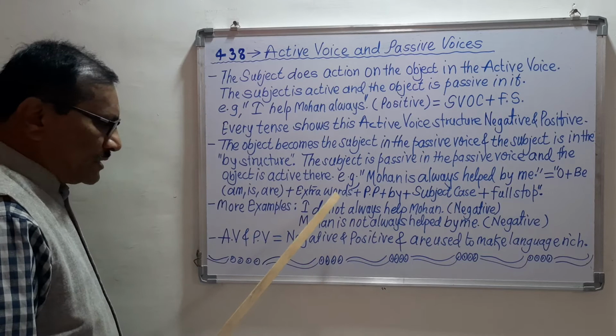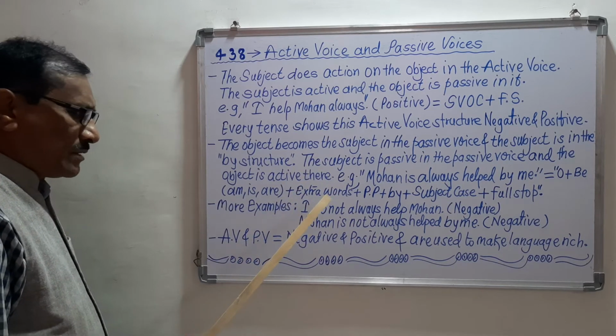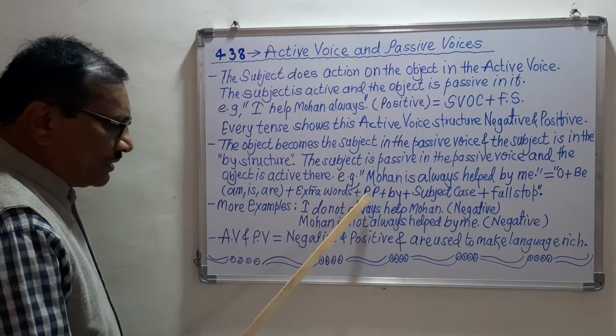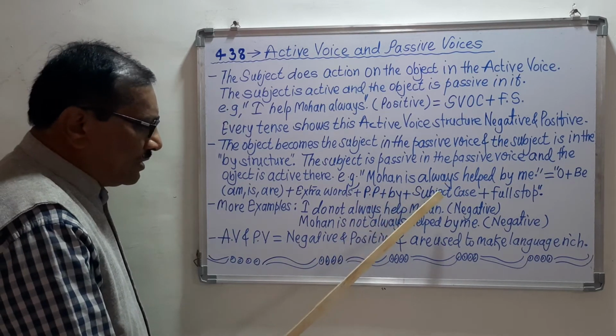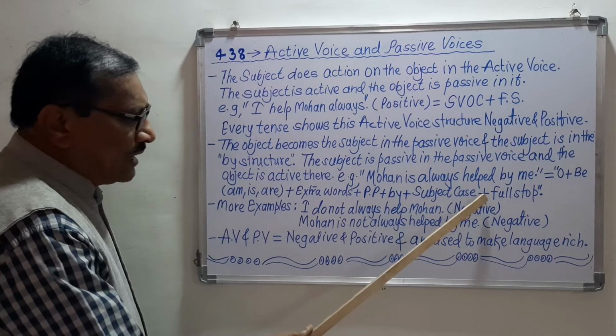Plus extra words, which means we take the extra words there, then we take the PP, and then we take the "by", and then we take the subject case, and then a full stop.